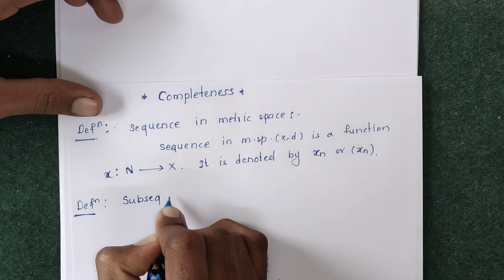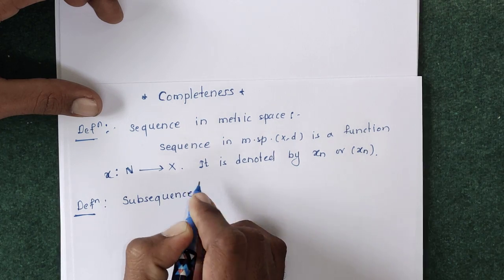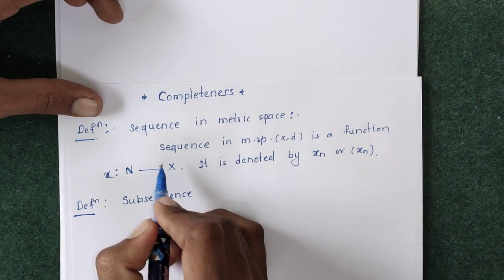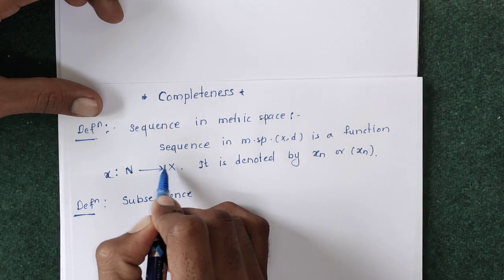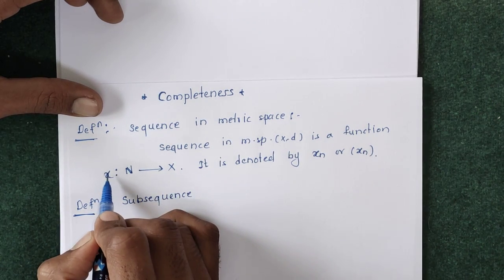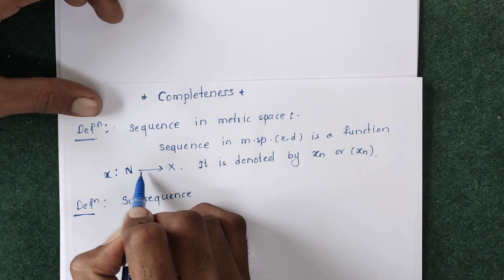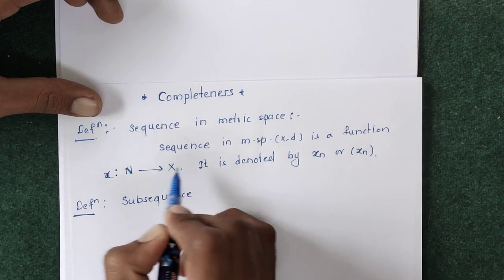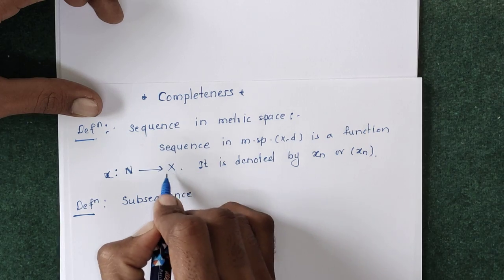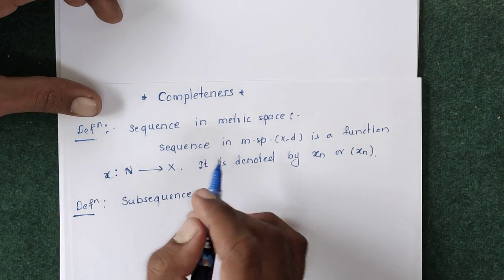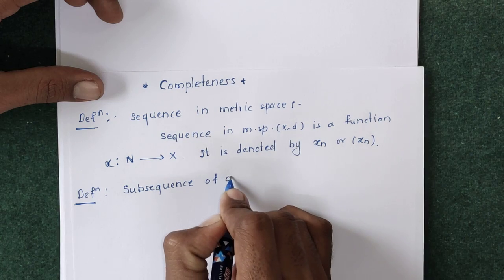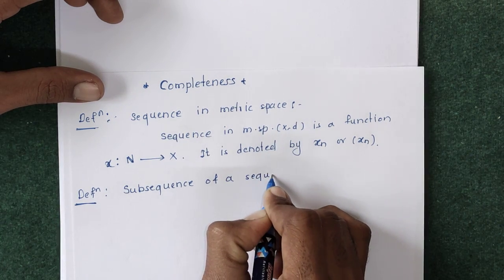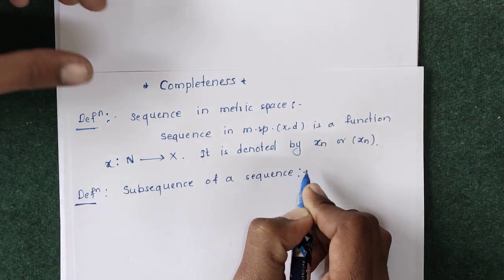These definitions you have already seen in real analysis, but in real analysis a sequence is just a function from natural numbers to real numbers. Now here the sequence in metric space is just a function from natural numbers to some metric space. The next definition is subsequence of a given sequence.